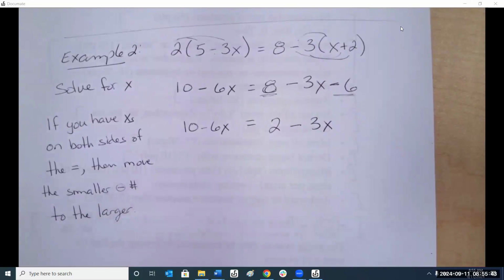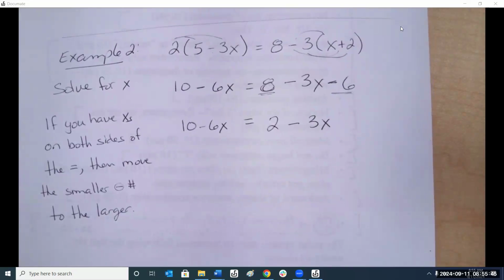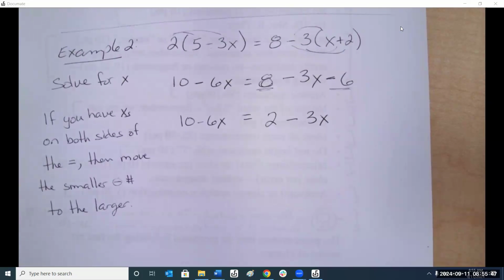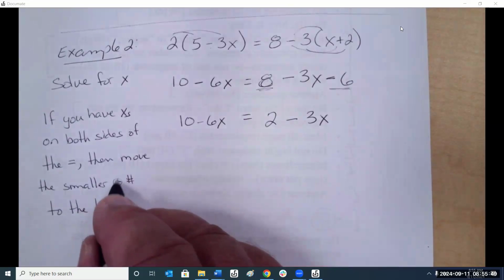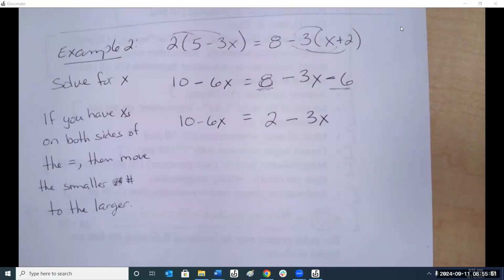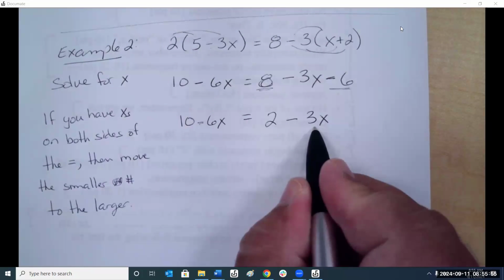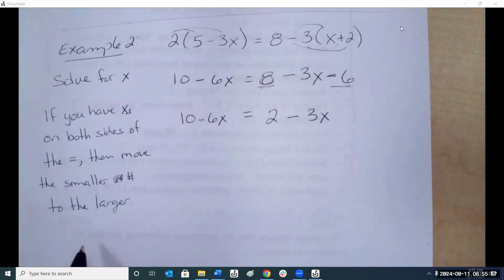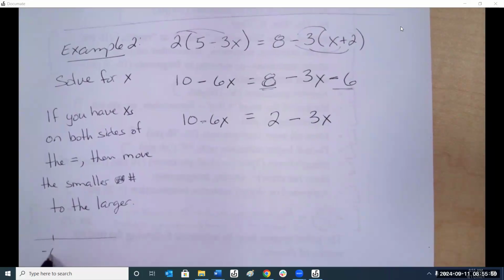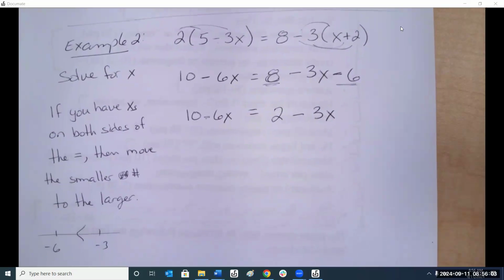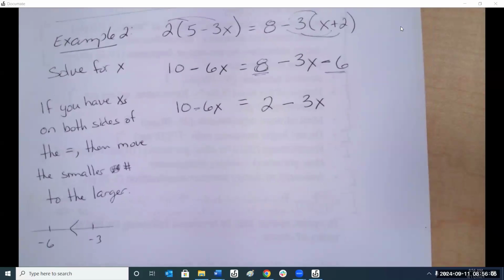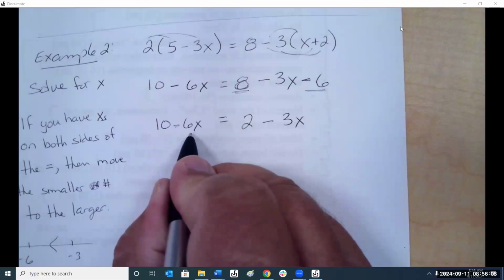Or actually, I say move the smaller number to the larger. It's always going to work that way. It doesn't have to be negative. Just move the smaller number to the larger number. So since -6 is smaller than -3 because of the number line, we have to move -6.